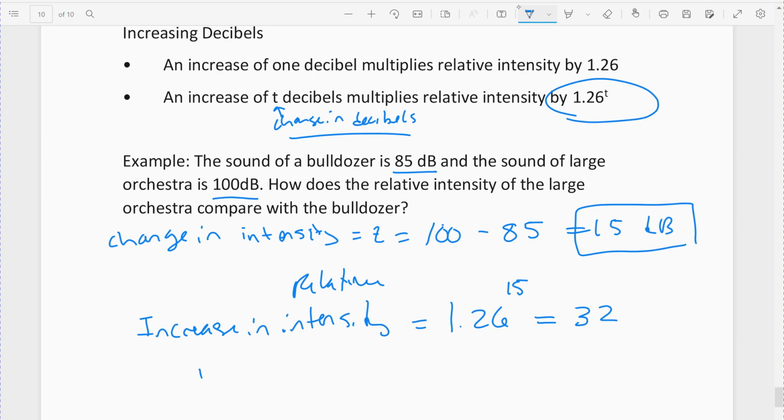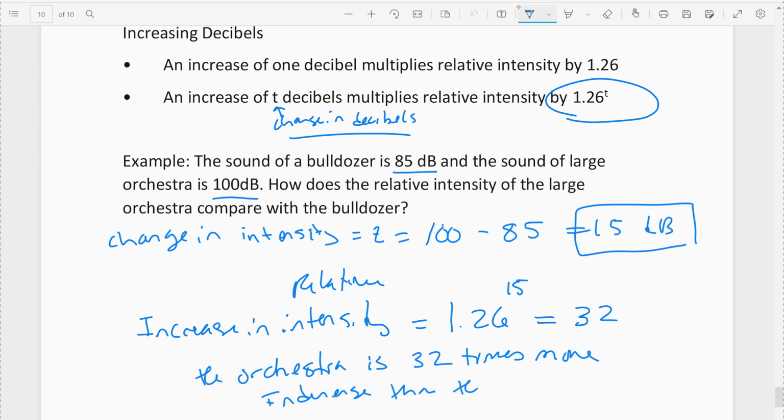So that means the orchestra is 32 times more intense than the bulldozer. So you can hear it 32 times more. That's 32 times more intense when you have a 15 decibel change.